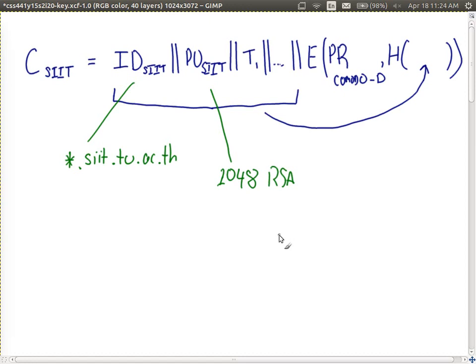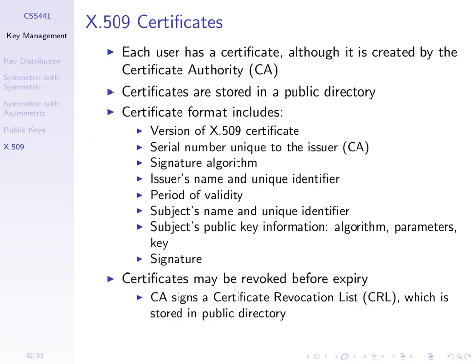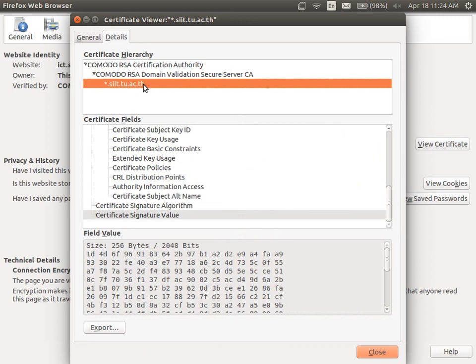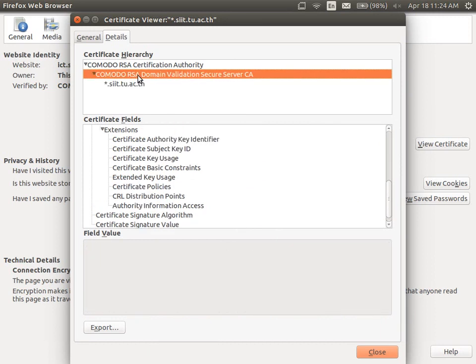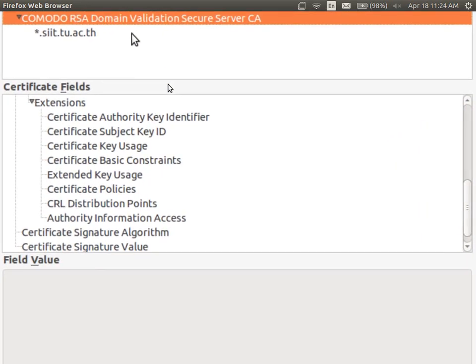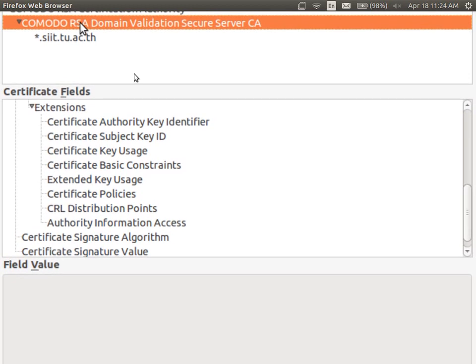A certificate contains the public key issued by someone else. So if we go back to my browser, this was the certificate for SIT. My browser also has the certificate for Komodo Domain Validation. So I have a second certificate in my browser.